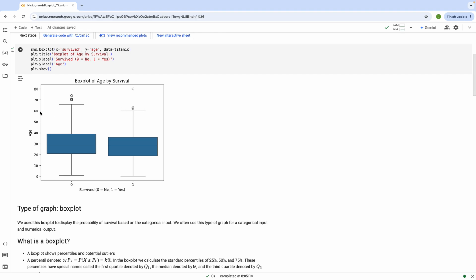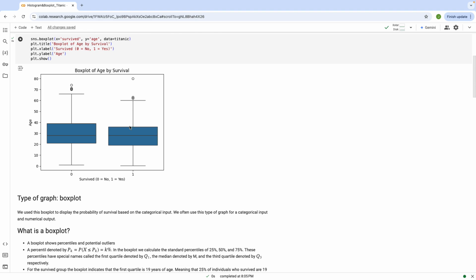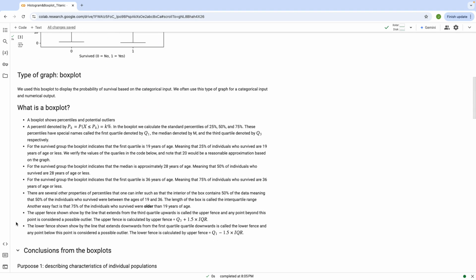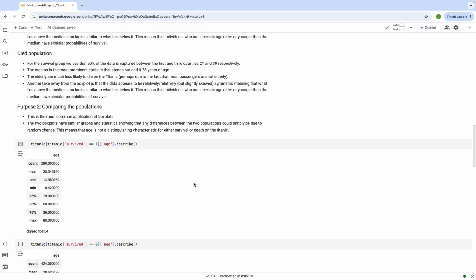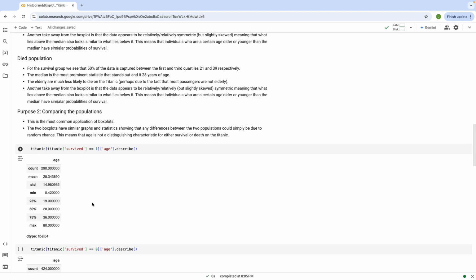That has a value of around 60. The upper fence is calculated by the third quartile plus 1.5 times the interquartile range. The interquartile range is just the third quartile minus the first quartile. So 36 minus 19 would be the value.